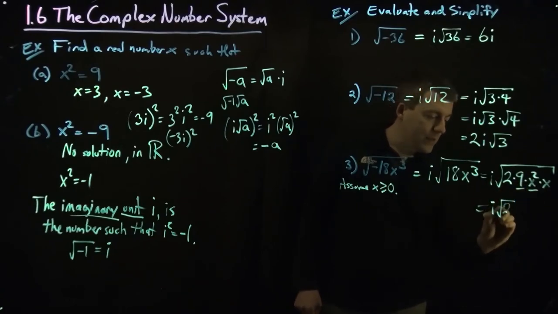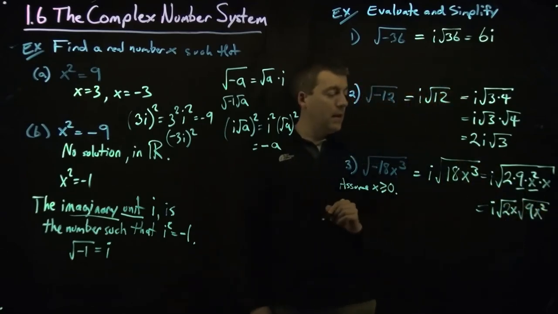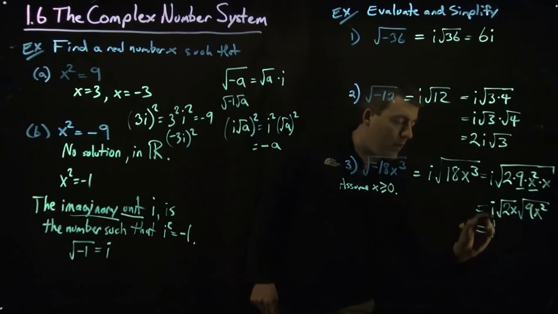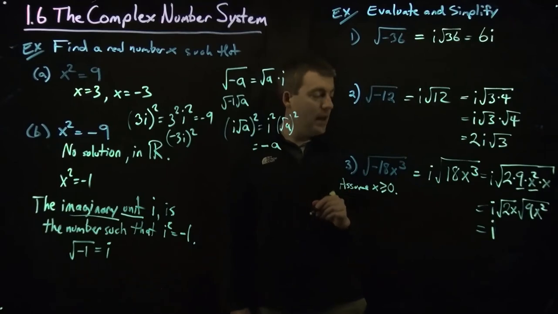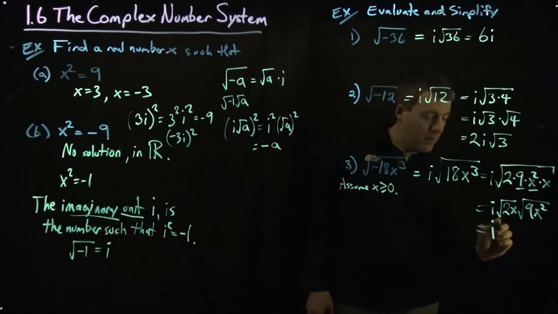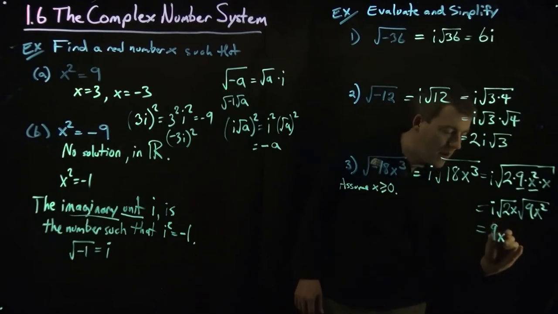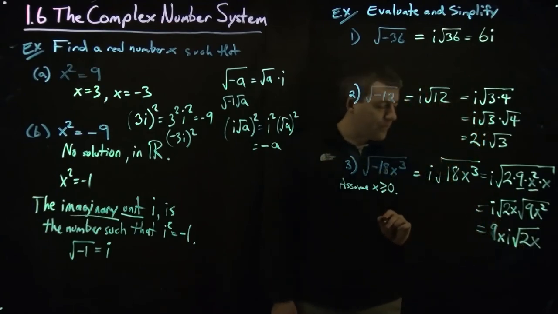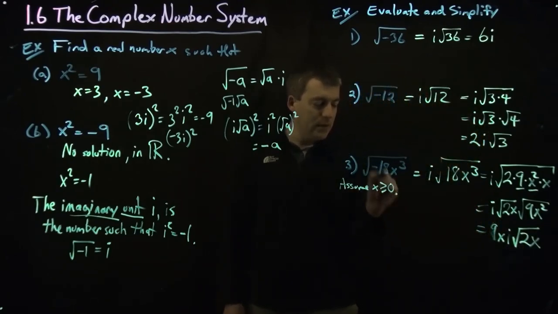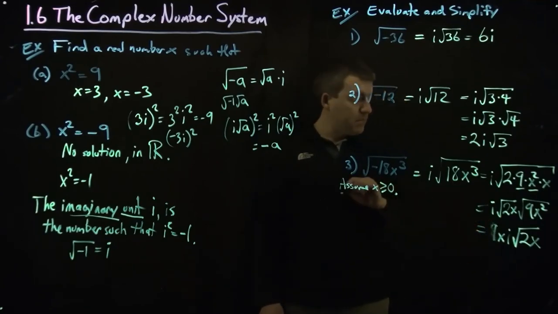I'm going to put the 2x, leave that alone, and then we'll have the square root of 9x squared. Now the square root of 9x squared is 3x. So we'll have 3x i square root of 2x, assuming that x is greater than or equal to 0 in all cases.